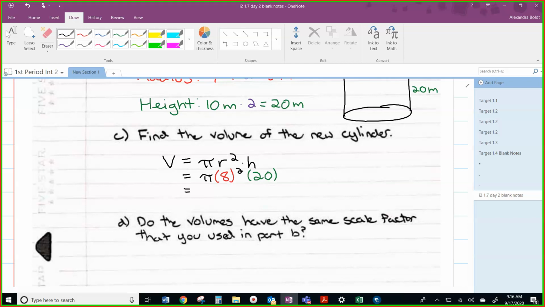So again, I'm going to type this part in my calculator, 8 squared times 20. And when I type that in my calculator, I get 1,280 pi meters cubed.